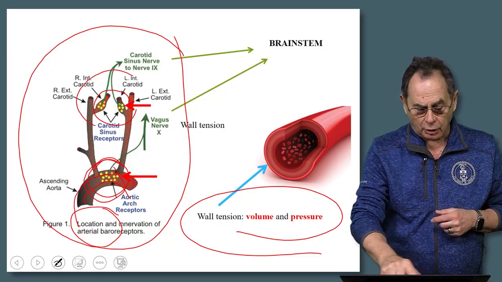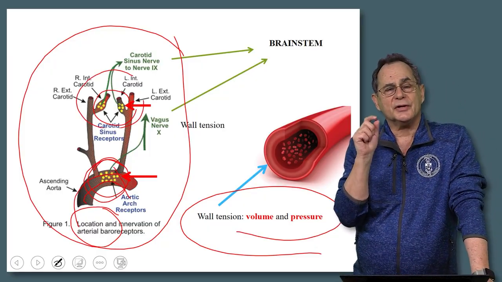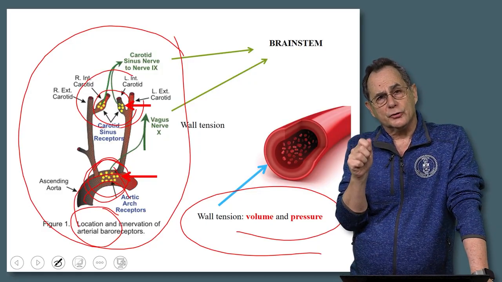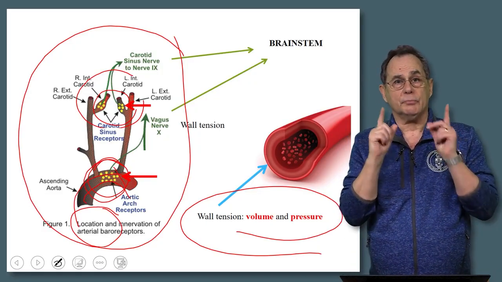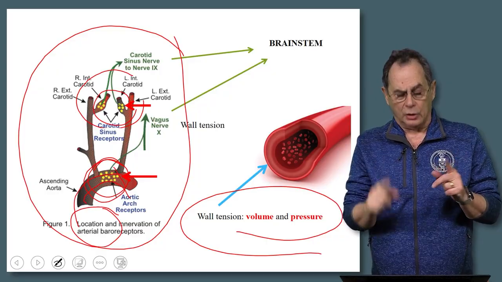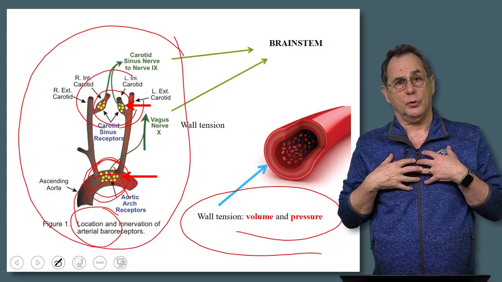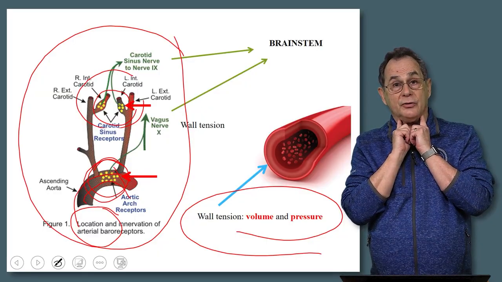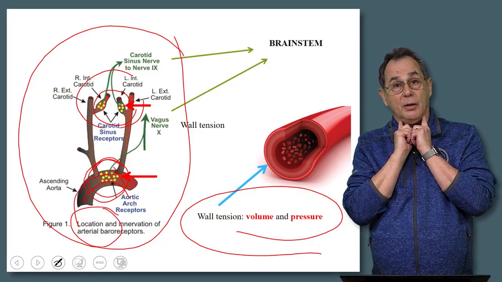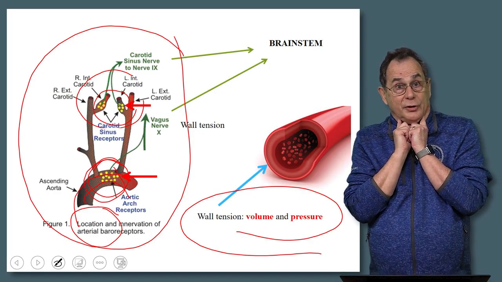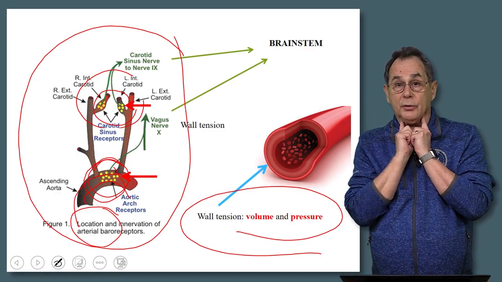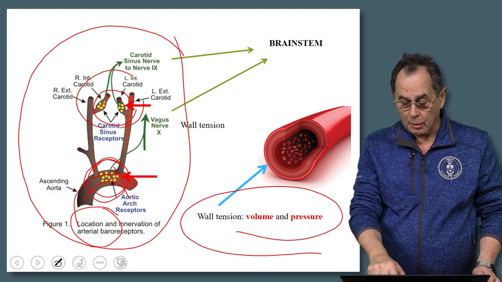And up here, this becomes important because this is gauging the amount of fluid in the arterial structures that are delivering blood to the brain. You and I want to know what our cardiac output is doing, and we absolutely want to know how much blood is being delivered, and what the plasma volume is in the critical blood vessels that deliver blood to our brains. So pressure and volume.